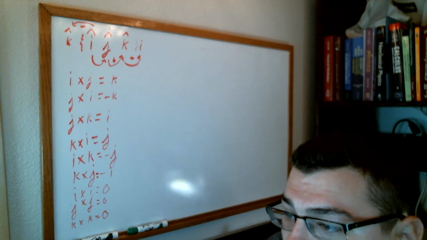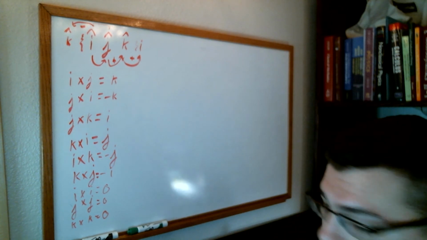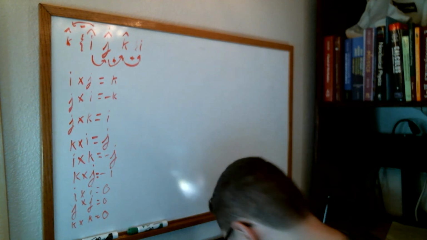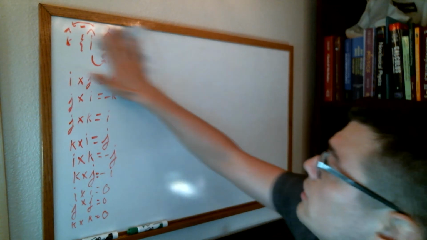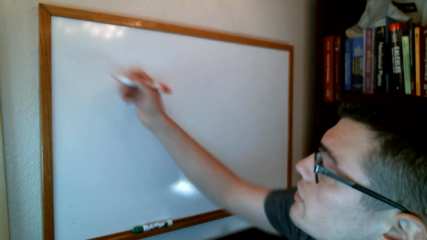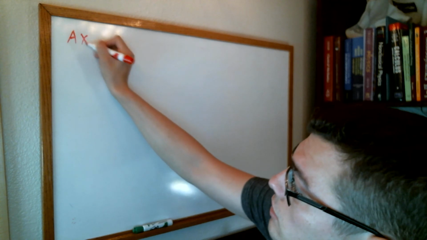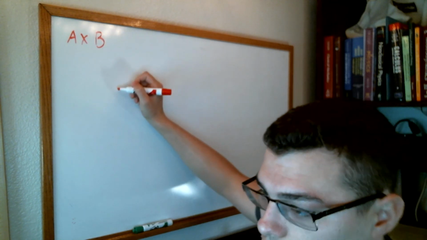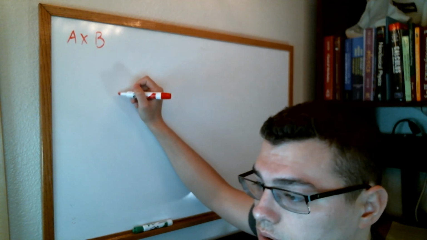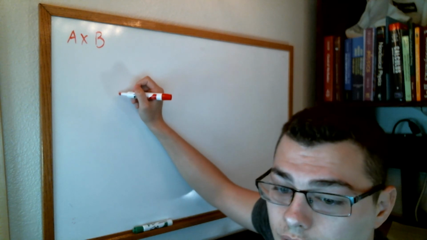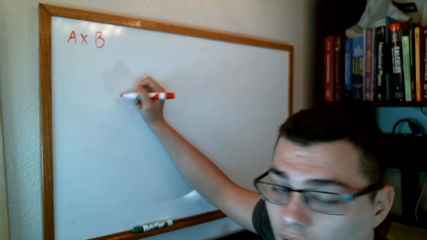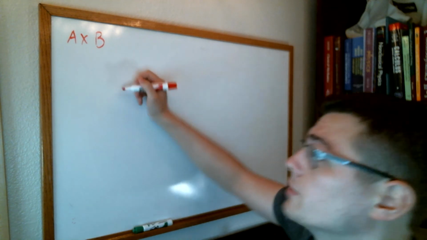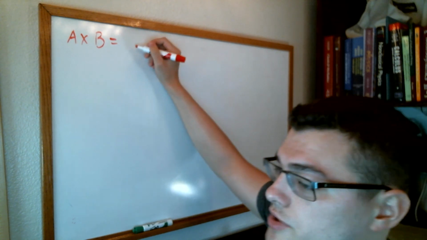So the formula for the cross product is as follows. Here's the actual formula: A cross B, and say these all have X, Y, and Z components, so they're three-dimensional vectors.